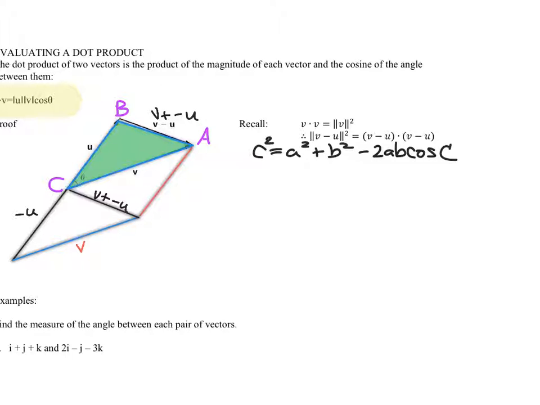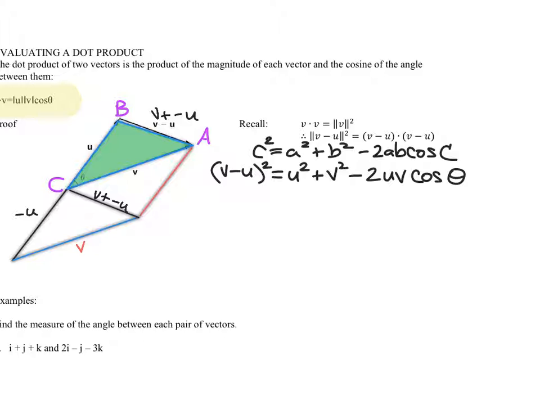So I'm going to write V minus U squared equals U squared plus V squared minus 2UV cosine theta.